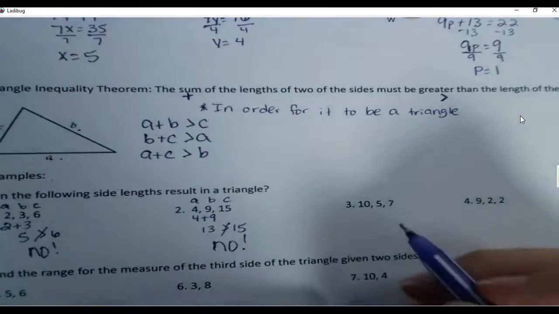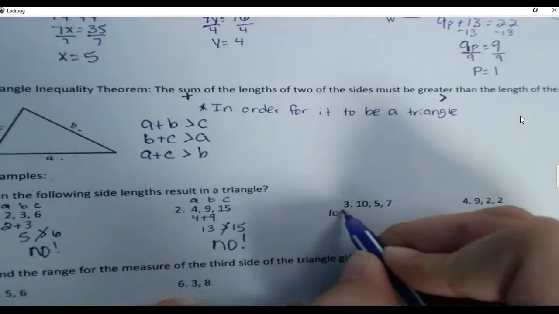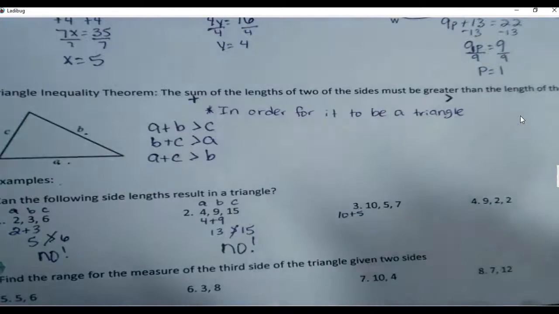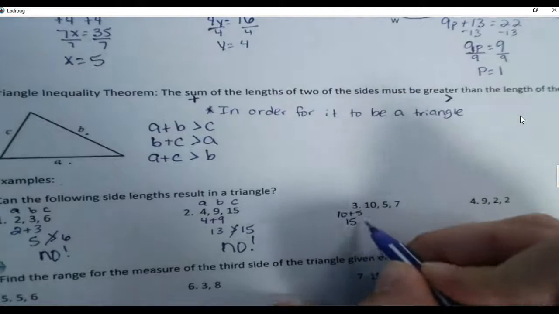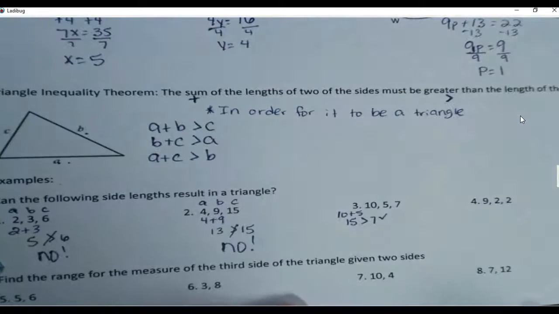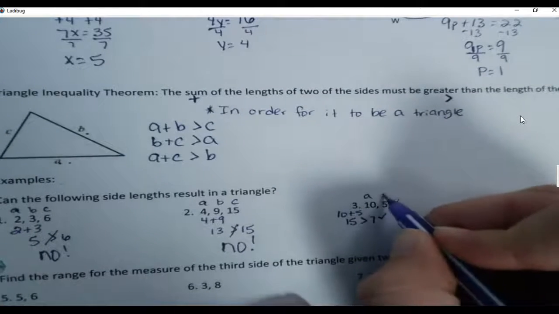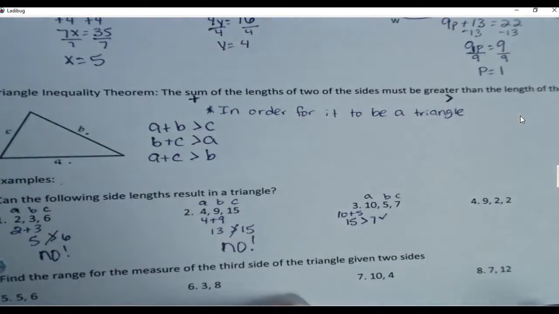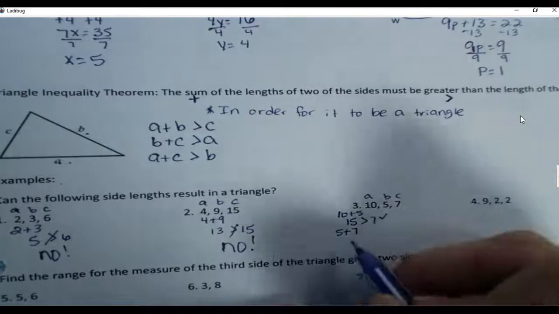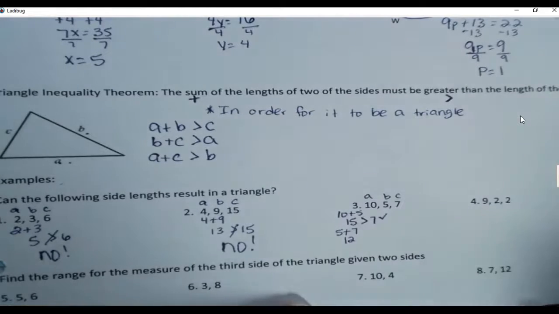Let's check our next one. So we've got 10 plus 5. So that's 15. Is 15 greater than 7? Yeah, so that one's good. But we gotta check the rest of them too. So next we have 5 plus 7, which is 12.